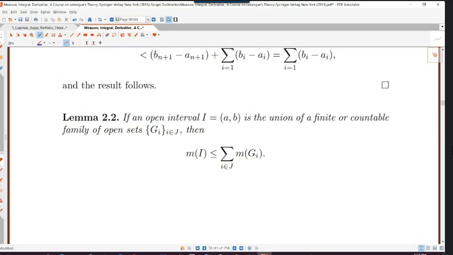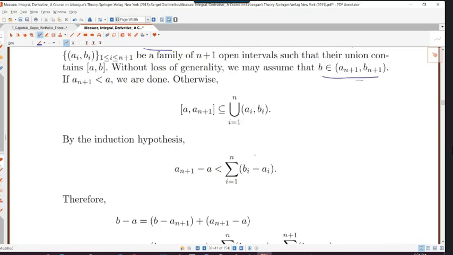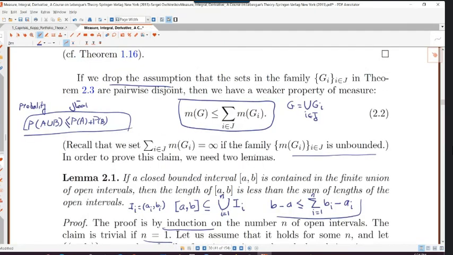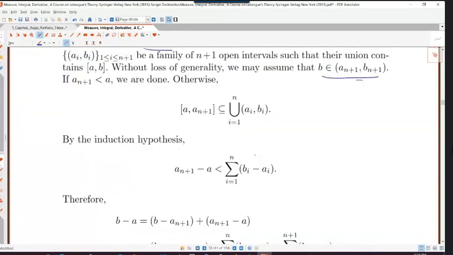Let us see the previous lemma again. If a bounded closed interval A to B is contained in the finite union of open intervals, then the length of this closed interval is less than or equal to the sum of lengths of the open intervals.